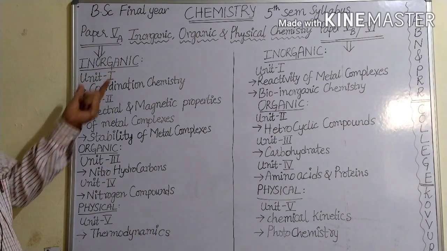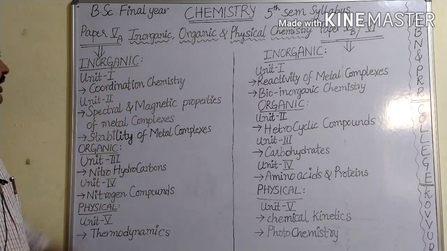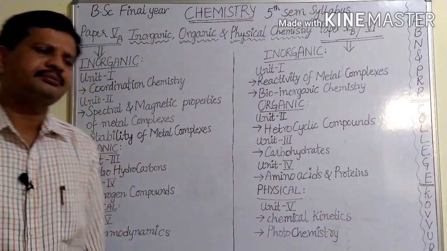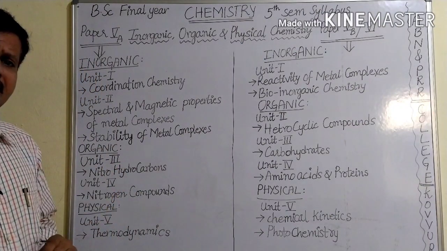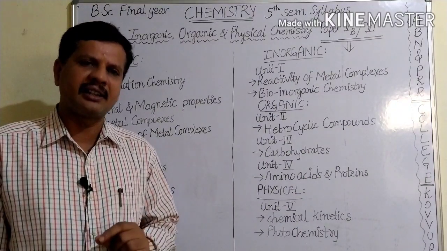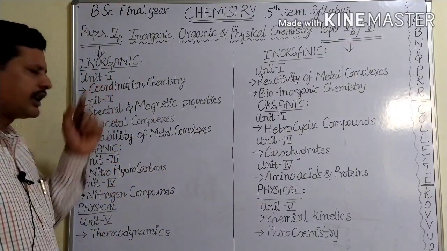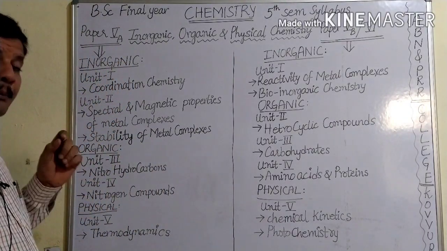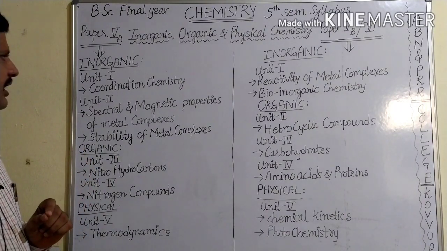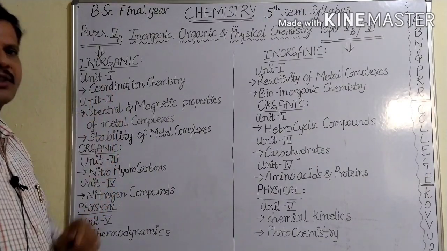Unit 1, coordination chemistry. In this coordination chemistry, we learn about complex compounds. We know very well that in our second year, D block elements, transition metals, form complexes. So in this unit, we discuss the complex compounds and the theories related to them.